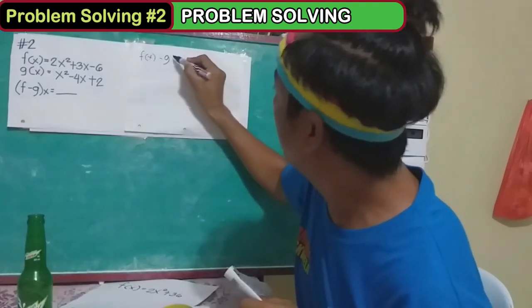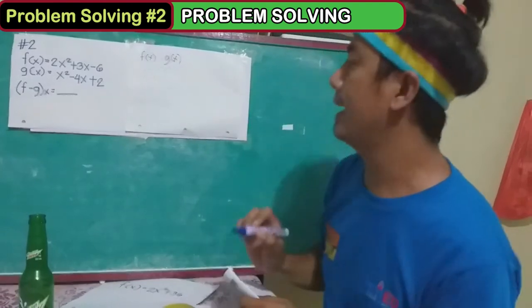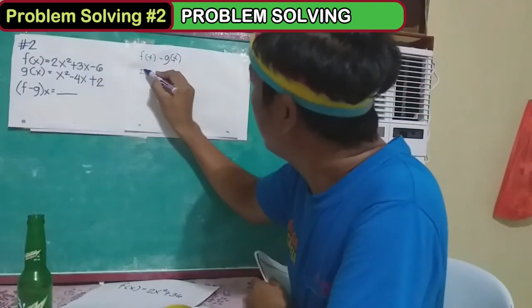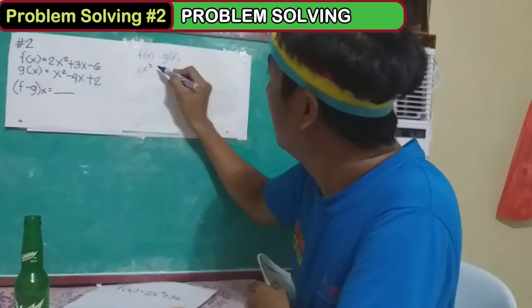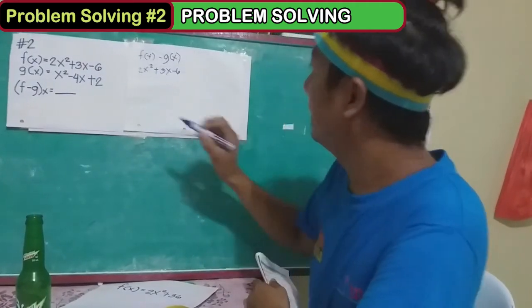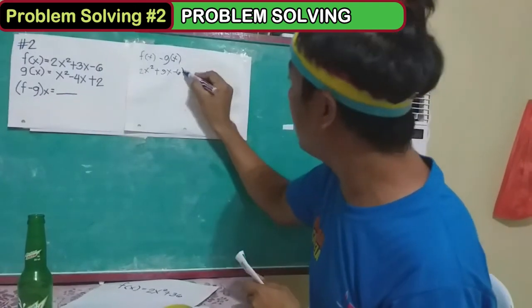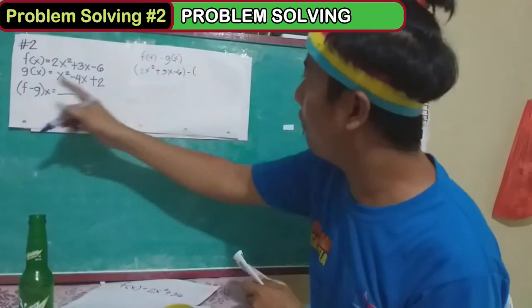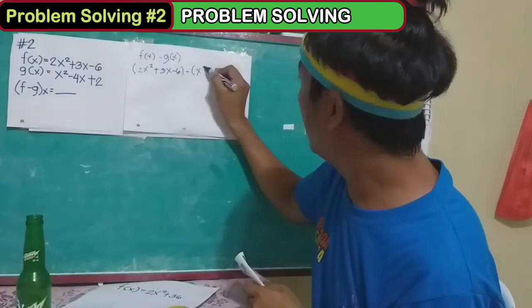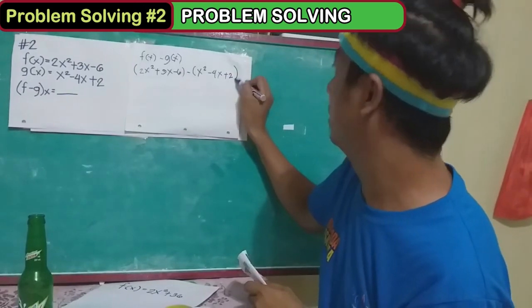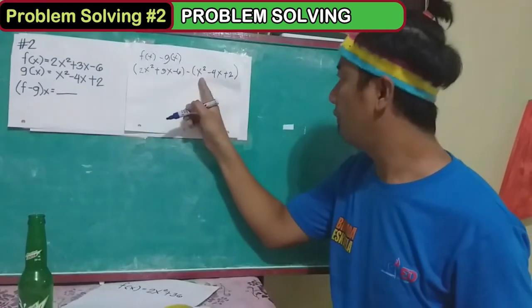Ang function of f is 2x squared plus 3x minus 6. Ang function of g naman is x squared minus 4x plus 2.